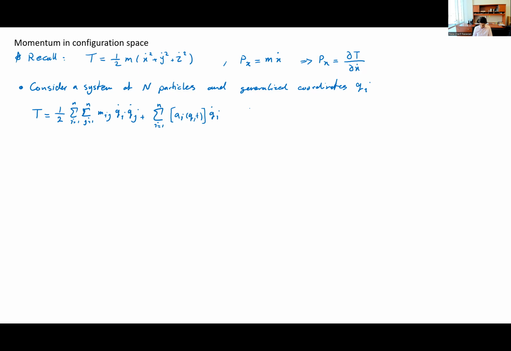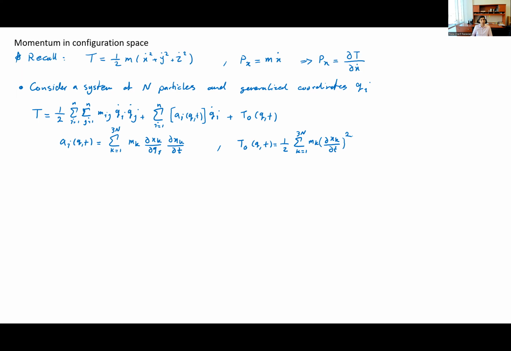And going back to the previous video, we remember ai of q and t was the summation k equals 1 to 3n of mk partial xk partial qi times partial xk partial t, and the T0 of q and t is 1/2 summation k equals 1 to 3n, mk (partial xk partial t) squared.